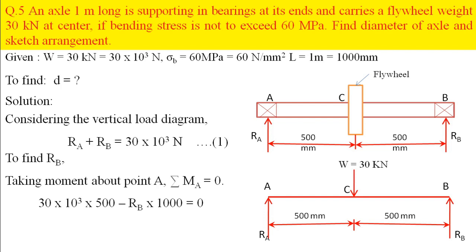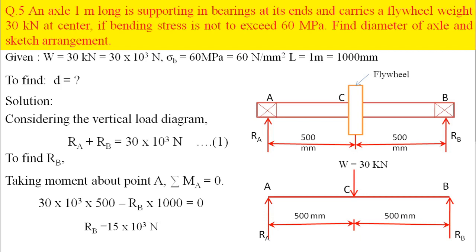The load at point C is going in a clockwise direction, therefore taken as positive, 30 into 10 raised to 3 into perpendicular distance as 500 mm, and reaction at point B, RB, is going in an anti-clockwise direction, therefore taken as negative, minus RB into 1000 is equal to 0. From this equation, we can find out RB. RB is equal to 15 into 10 raised to 3 Newton.